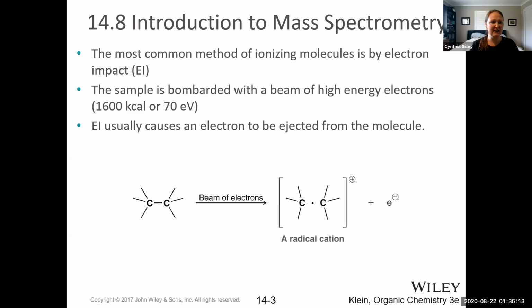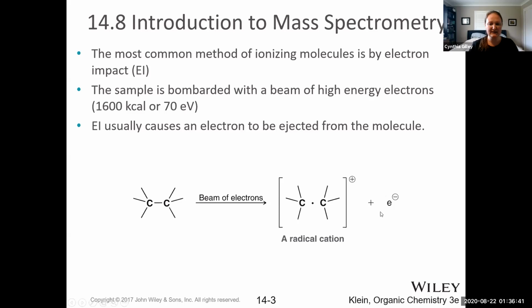But in EI, the sample again is bombarded with that beam of high energy electrons, and the electron, if it knocks into a molecule, can actually eject another electron right out of that molecule. So essentially an electron would come and attack the molecule you see here, and it would eject one of the electrons potentially from this molecule.